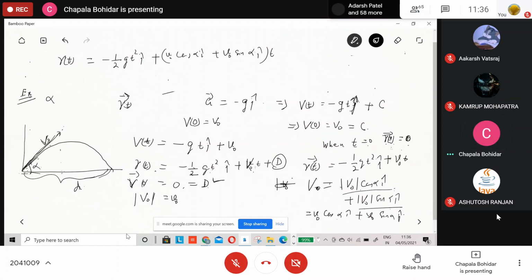Then by comparing the i and j, I can write it in this form: small V naught cos alpha t i cap plus small V naught sin alpha t minus 1 by 2 g t square, whole into t j cap.